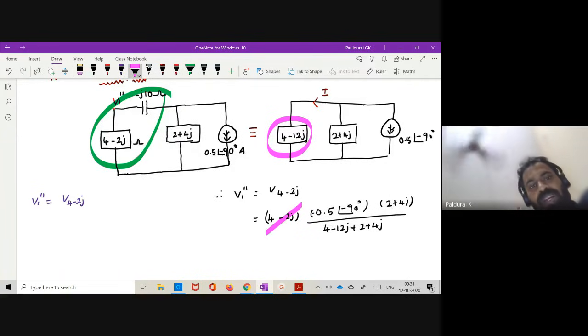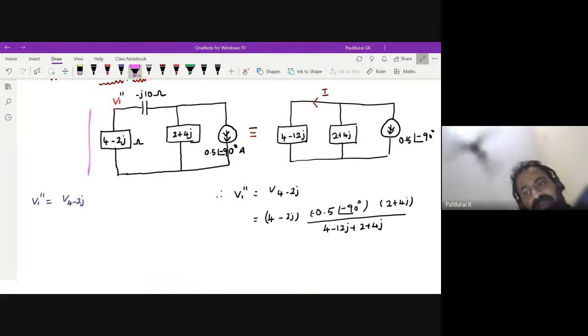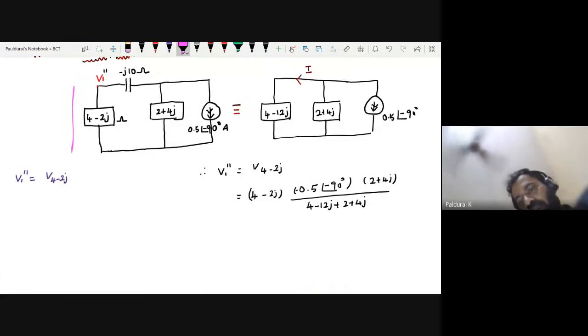Actually, what does V1 do? As per this diagram, V1 is the voltage across 4 minus 2j. So the resistance is 4 minus 2j, not 4 minus 12j. Got my point or not? Guys, yes, sir. Okay. So now what is V1 double dash? Anyone? Be careful.